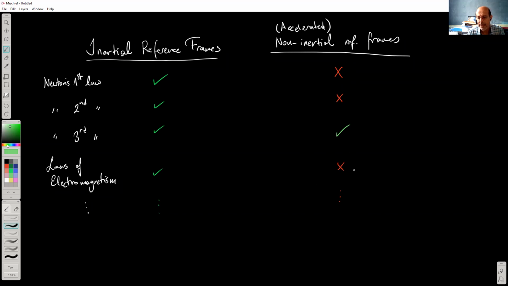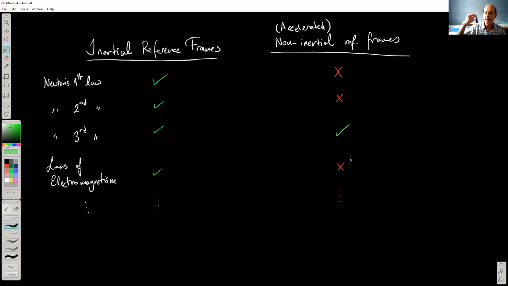In any case, I just wanted to say that, for example, the laws of electromagnetism are also invalid in non-inertial reference frames. Especially, it's basically part of ray optics, but we know that optics is electromagnetism because light is an electromagnetic wave, right?